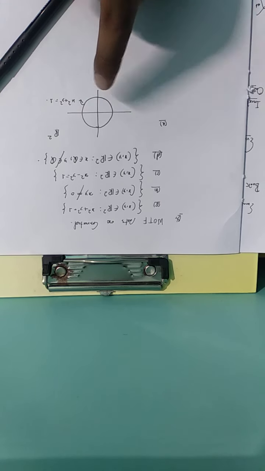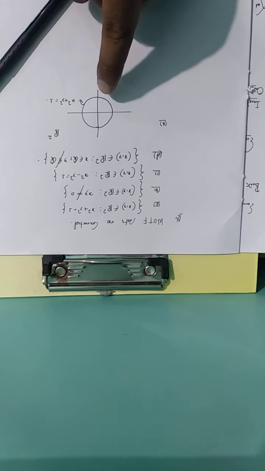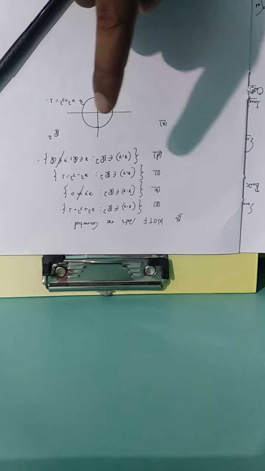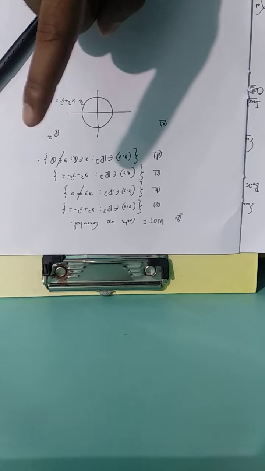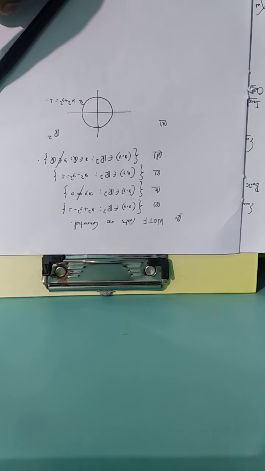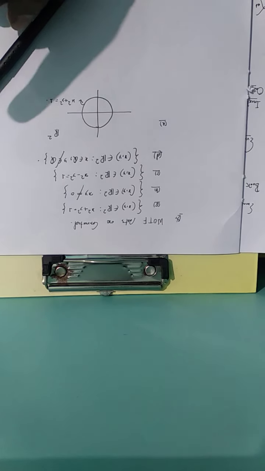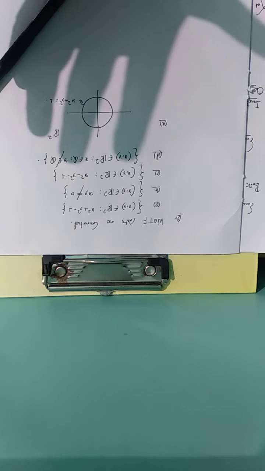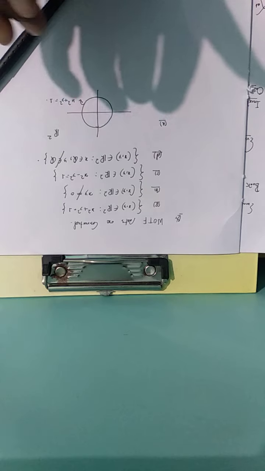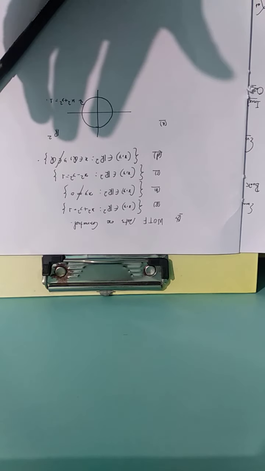And the main thing is not only in R^2, if x, y, z belongs to R^3 and x^2 plus y^2 plus z^2 equals 1, that means a sphere in 3-dimensional space, that also remains connected because it is a single piece.